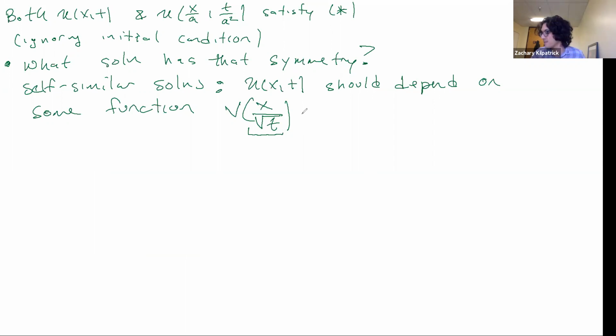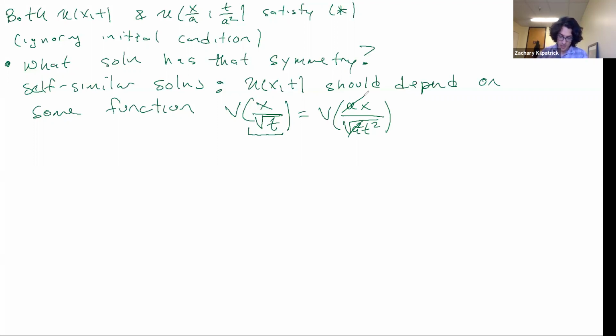Because this is equal to v of a x divided by the square root of a squared t, so the a cancels. Any scaling like that should always cancel out.